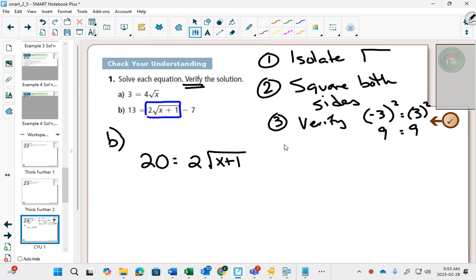Or you could do a little bit more simplification if you wanted to. Can you see that you could divide both sides by 2? The nice thing about simplifying and getting just the square root by itself is you're going to deal with smaller numbers. I would prefer on this one to divide both sides by 2.